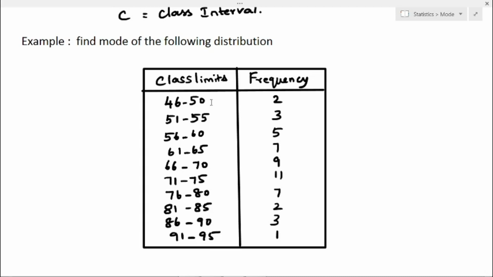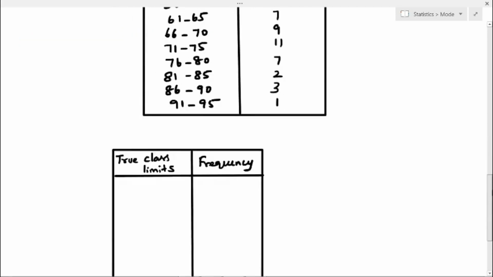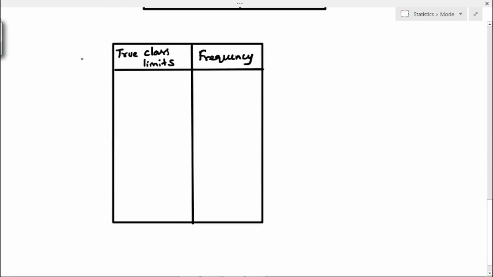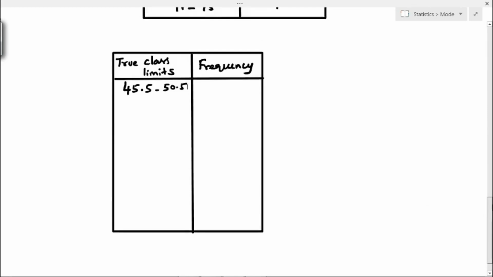So we subtract 0.5 from the lower limits and add 0.5 to the upper limits to make true class limit values. The first class becomes 45.5 to 50.5.